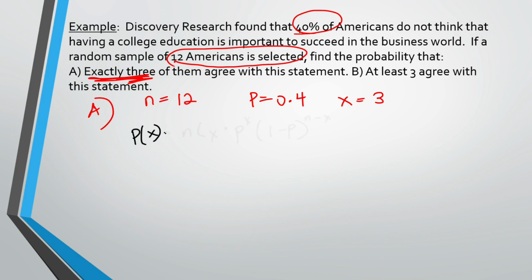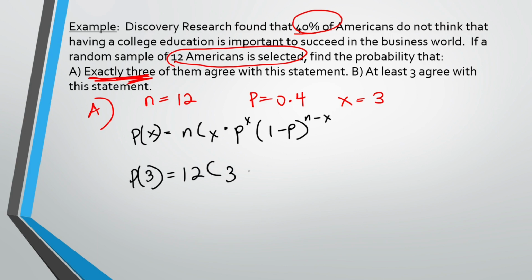P of X equals N choose X times P raised to X, times the quantity 1 minus P raised to the N minus X. So that's 12 choose 3 times P raised to the X, or 0.4 raised to the third power, times the quantity 1 minus P, or 1 minus 0.4, raised to the N minus X, or 12 minus 3. So we're just simply plugging in each corresponding value to the corresponding letters.